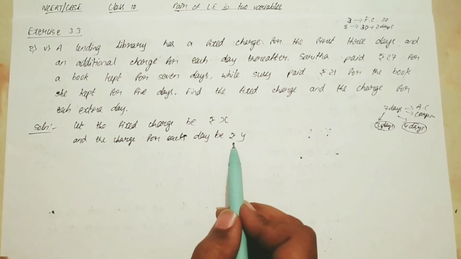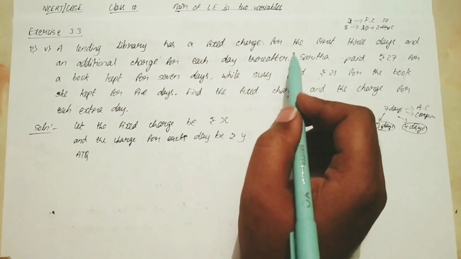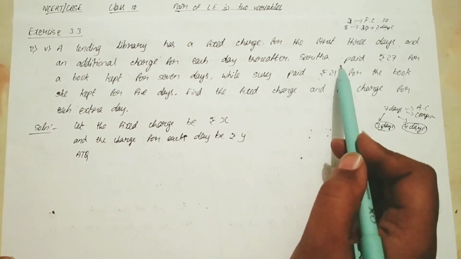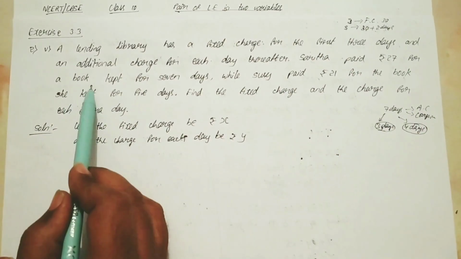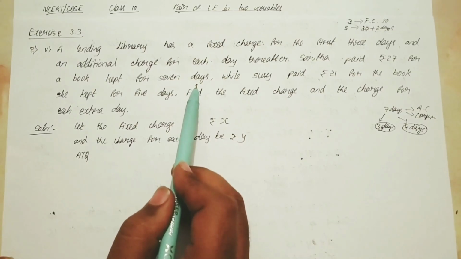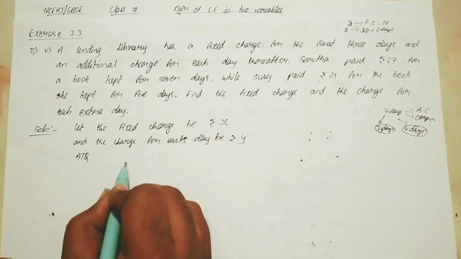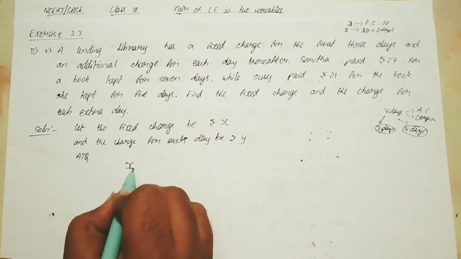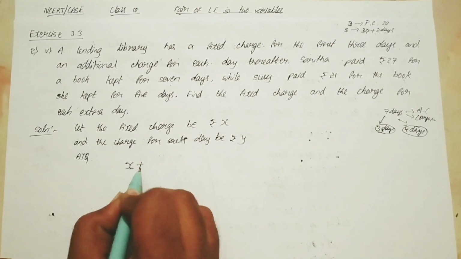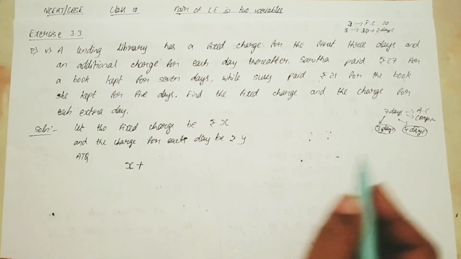Here Saritha paid 27 rupees for the book kept for 7 days, right? So these 7 days include the fixed charge for the first 3 days, which we took as x, plus she has to pay additional charges for how many days remaining? 4 days, right?